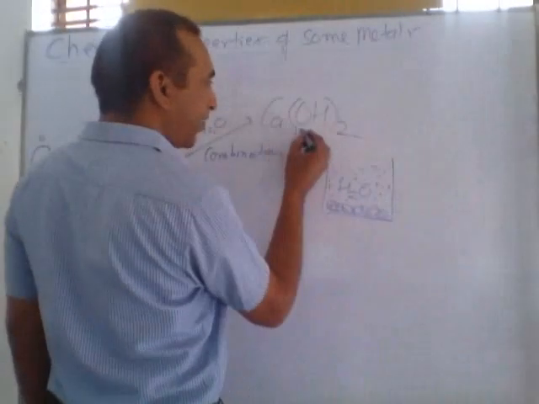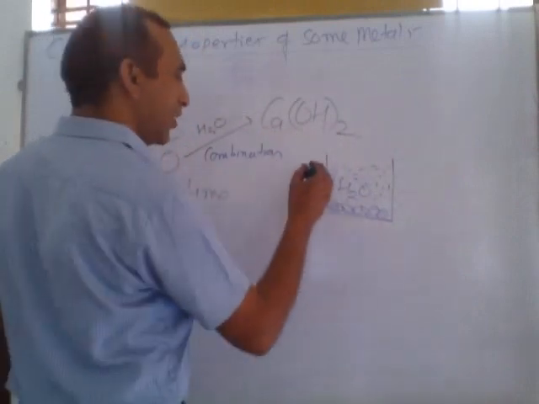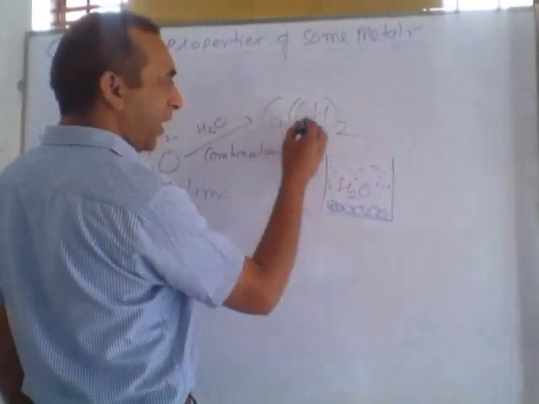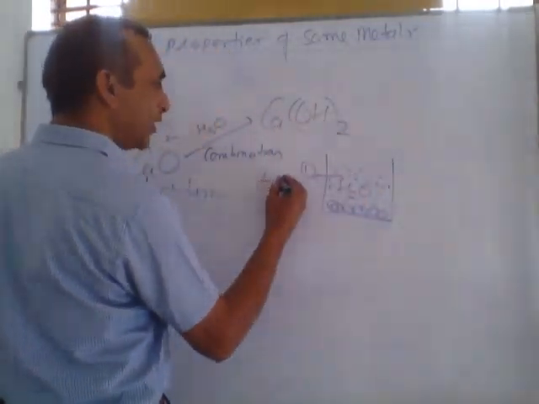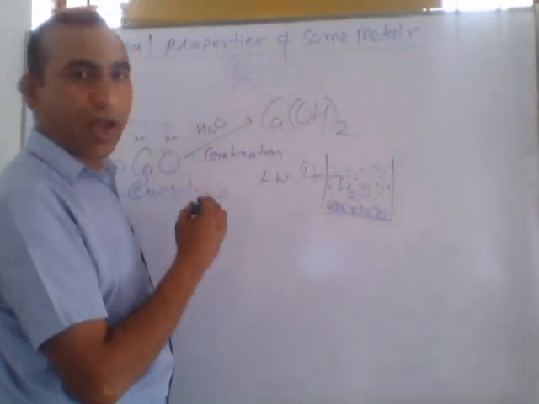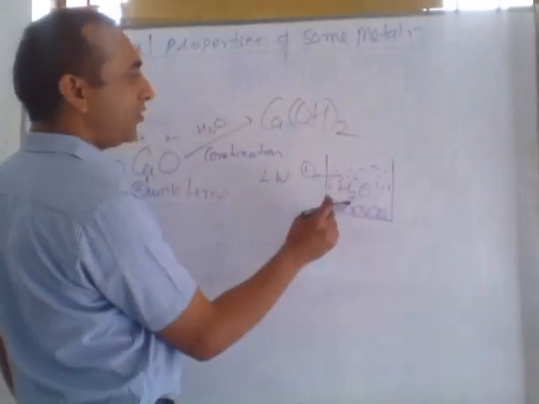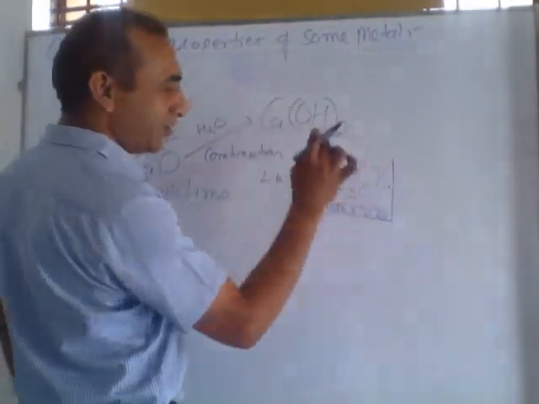So calcium hydroxide exists in 3 different states. Number 1, the solution of calcium hydroxide in water. This solution is called lime water. Lime water means the mother liquid in which a very small quantity of calcium hydroxide exists in water.